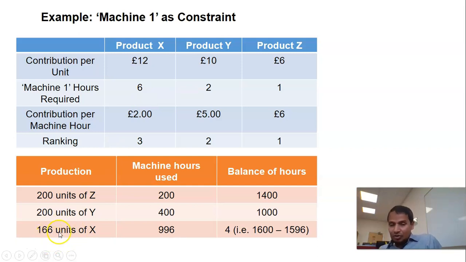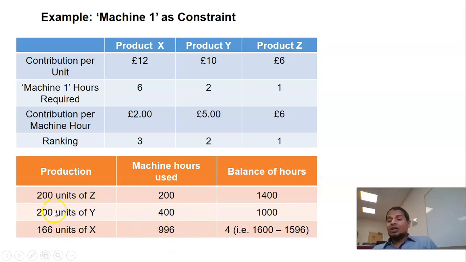If you produce 166 units, you need 996 hours. So if you deduct 996 from 1000, 4 hours remain as idle time, and you can produce 166 units of X using 996 hours of machine 1.